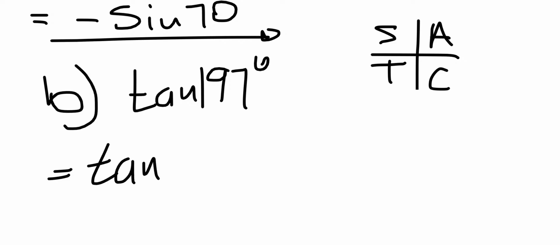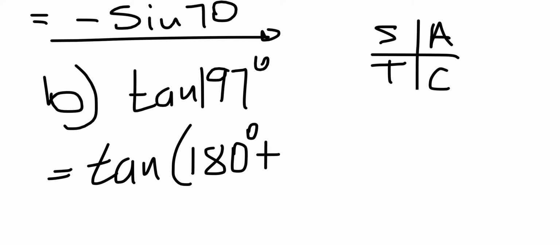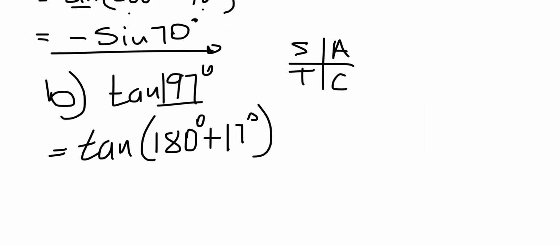So you will say tan of 180 plus an angle that will give you 197. So 197 minus 180, the difference tells you what you must be having there. You are trying to figure out what number, when added to 180 degrees, takes you back to 197. So you haven't changed anything.